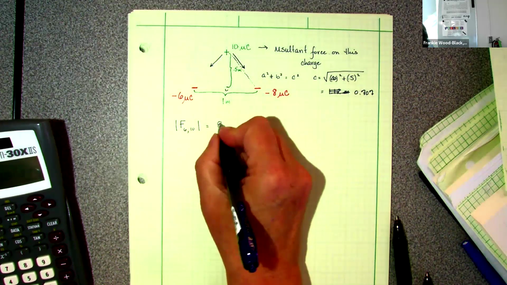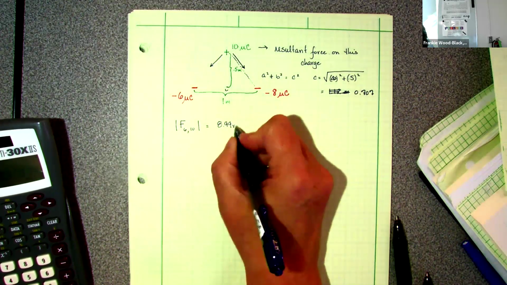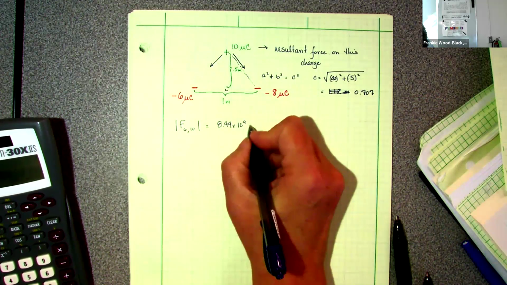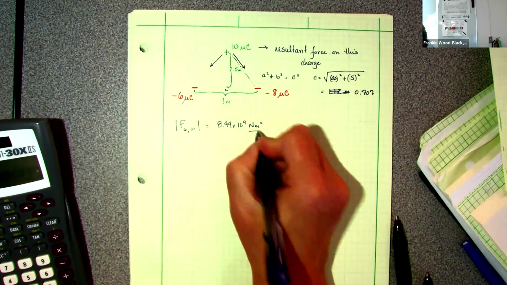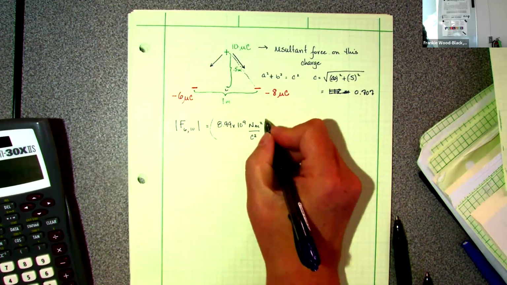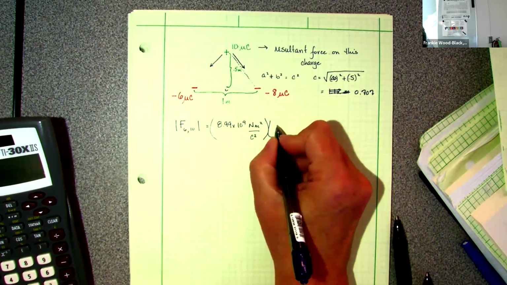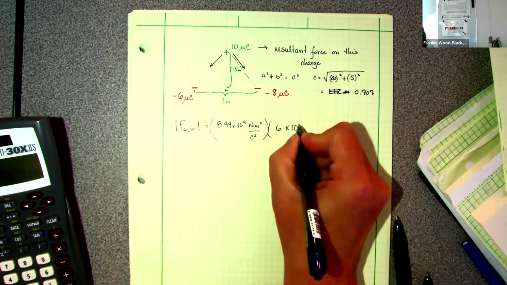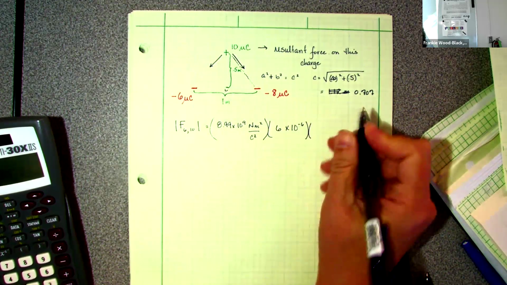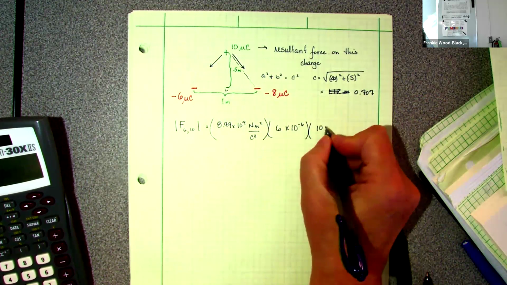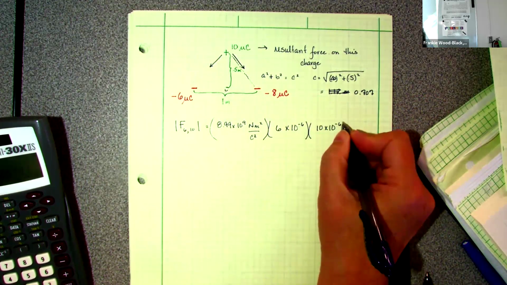So I get 8.99 times 10 to the 9th newton meters squared per coulomb squared. And now I've got 6 times 10 to the minus 6, and 10 times 10 to the minus 6.